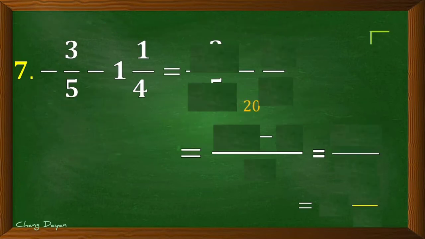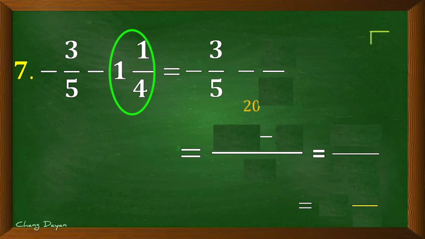Next, number 7. Negative 3/5 minus 1 and 1/4. So, ito ay i-convert muna natin sa improper fraction. That is, 4 times 1 is 4 plus 1. The answer is 5. Then, copy the denominator, 4. Then, proceed tayo sa butterfly method.